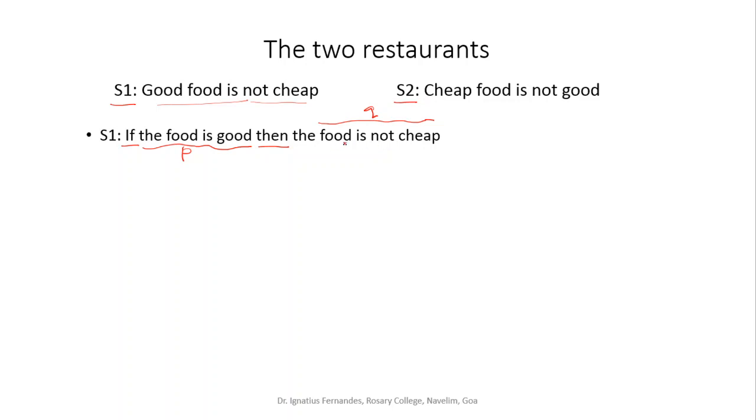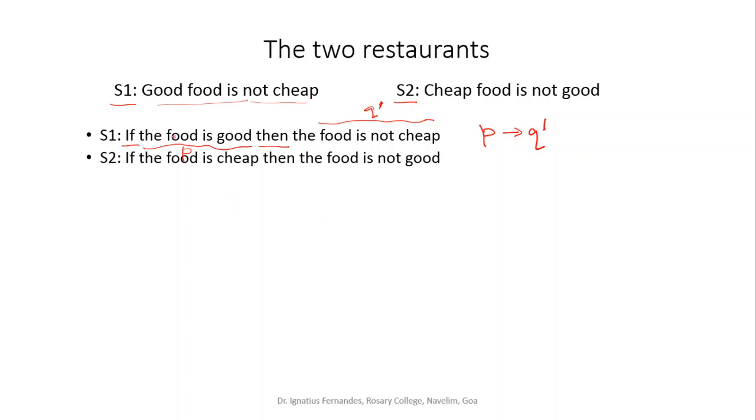So initially when I am defining the statement, I will define Q as food is cheap. In that case this will be Q bar. So I have the food is good, that is P. The food is not cheap is Q bar. By taking Q as food is cheap, this is if the food is good, if P then Q bar. So this is in the form of P implies Q bar.